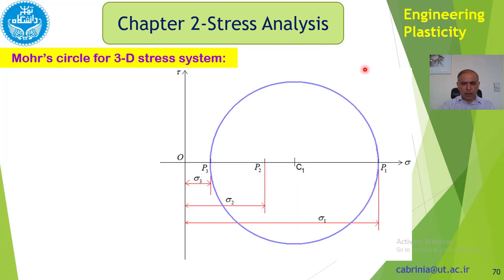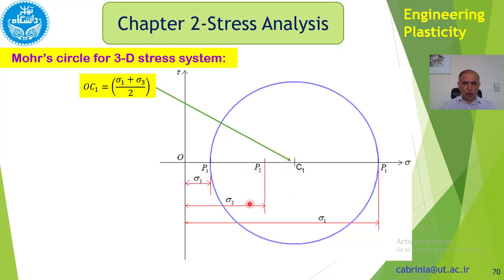And we draw a circle, center C1, which goes through P1 and P3, because that is sigma 1. The radius is sigma 1 minus sigma 3 divided by 2. And OC1, that is the coordinate of C1, is sigma 1 plus sigma 3 divided by 2, because the radius is sigma 1 minus sigma 3 divided by 2. That is the radius from here to there, and from here to there is sigma 3.